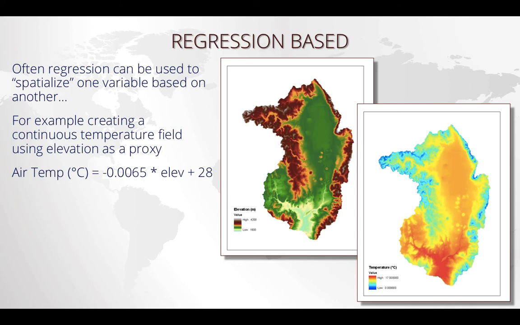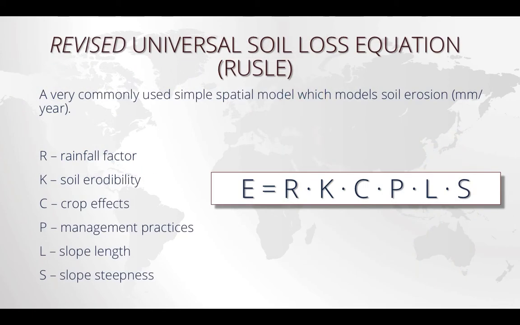And again, this is a really simple approach, but there are more sophisticated versions of this which are done all the time. And a very good example of this is a PRISM data set that was originally produced by Oregon State University.